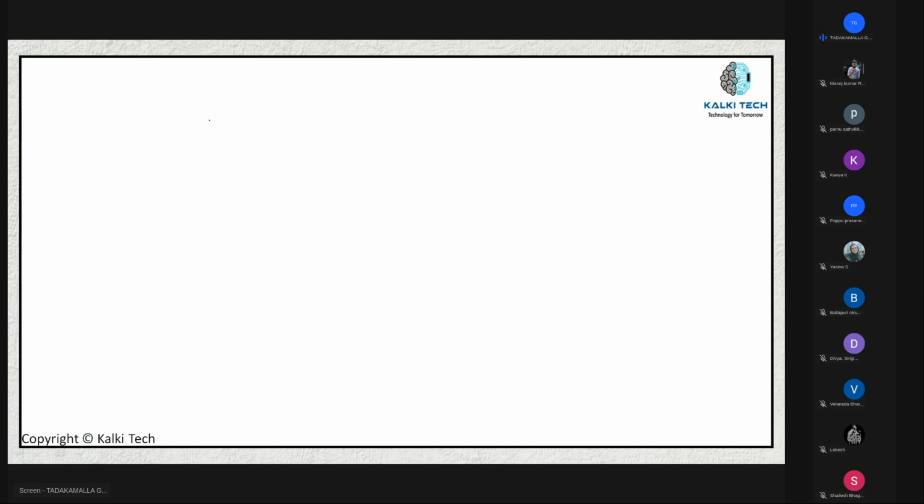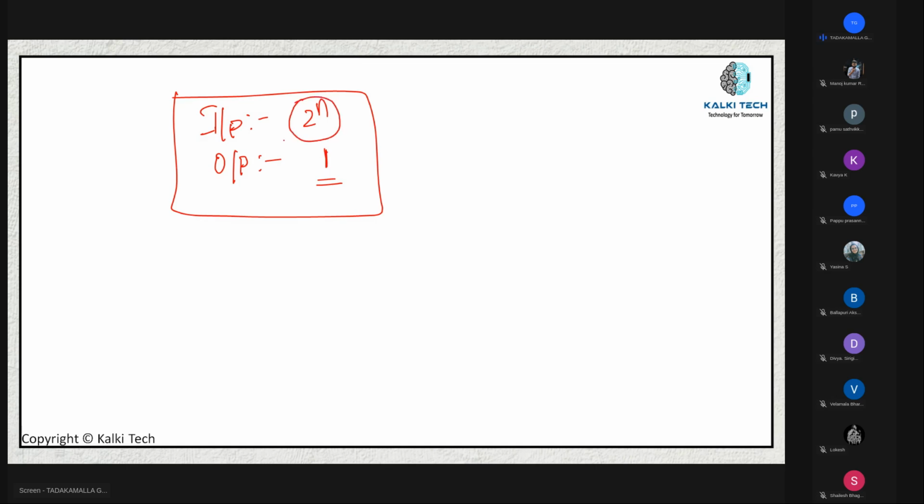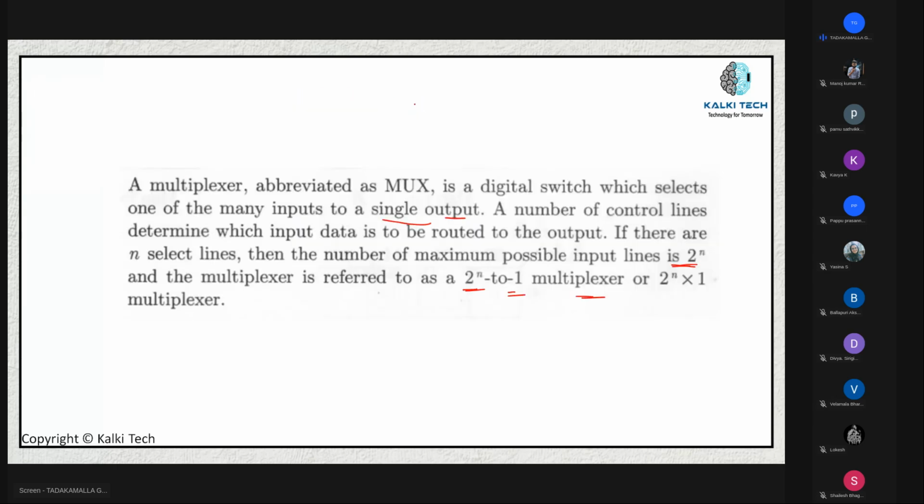So for a multiplexer, the total inputs will be equal to 2 power n, and the output will be equal to only one output. Which input should be mapped to the output will be decided by a control signal which is known as the select line.